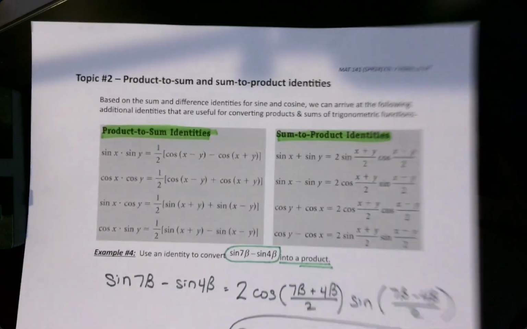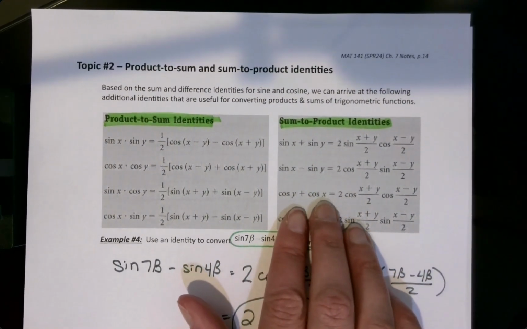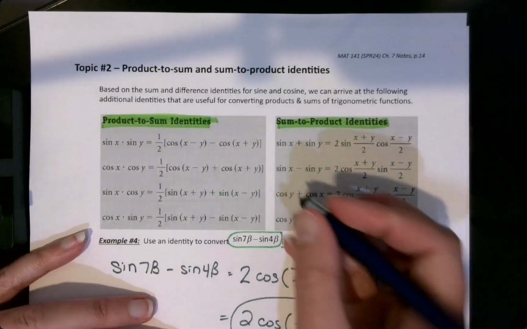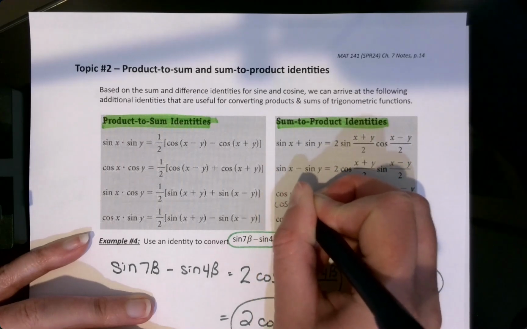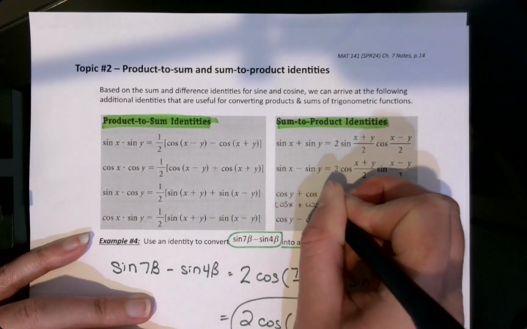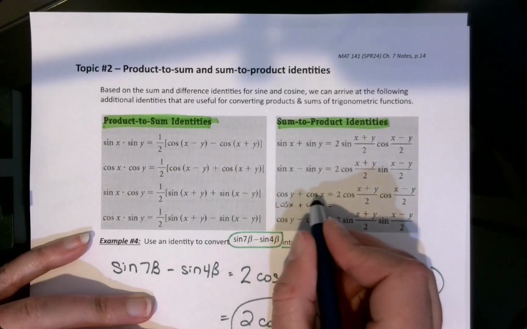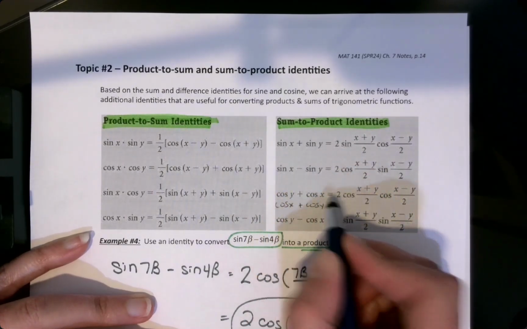Just a quick note about this. This is written in the order cosine y plus cosine x. There's nothing really special about why it's written that way. Since addition can be written in either order, this could be written as cosine x plus cosine y, and it's still equal the way it was read because we can add things in either order. So I'm not sure why it has those flipped.